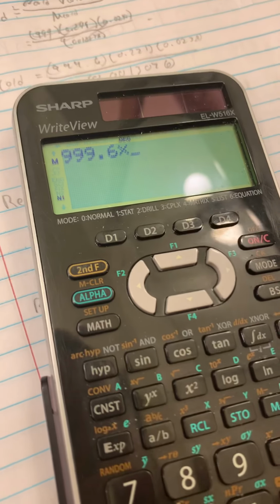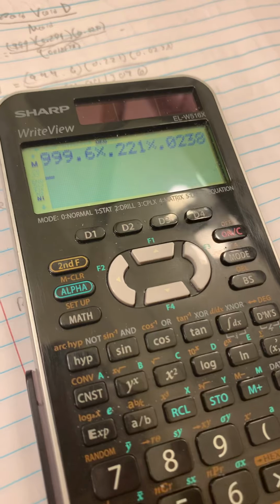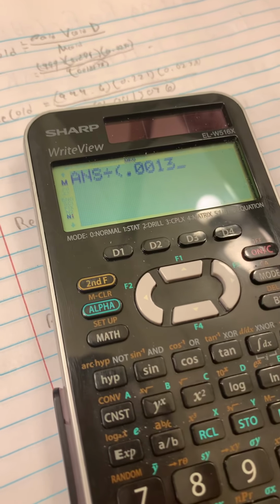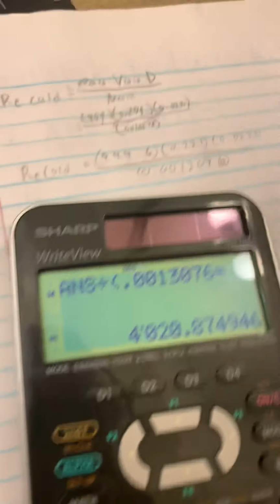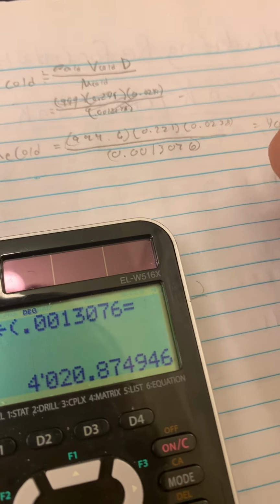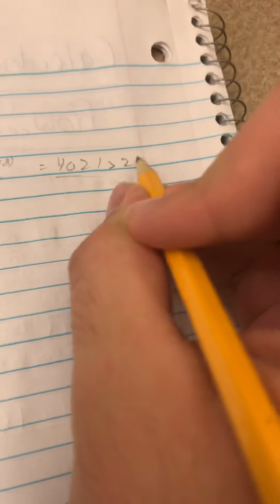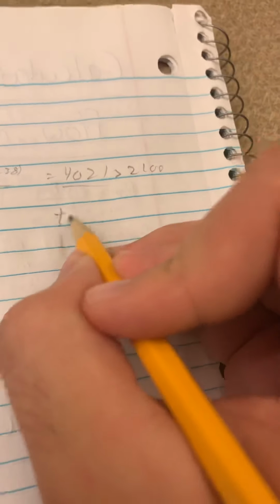So 999.6 times 0.221 times 0.0238, all divided by 0.00130076, gets about 4,021. And as a little bonus, that is higher than 2100, which means this cold water flow is turbulent.